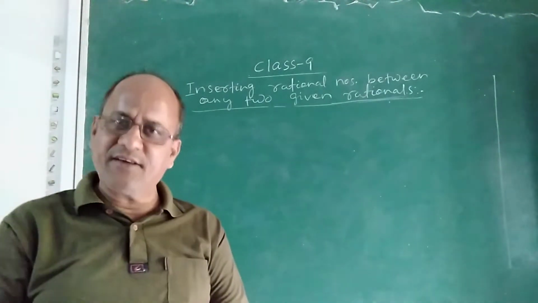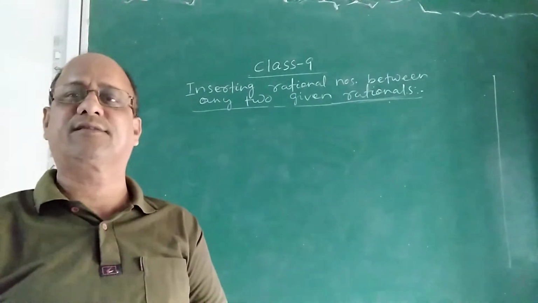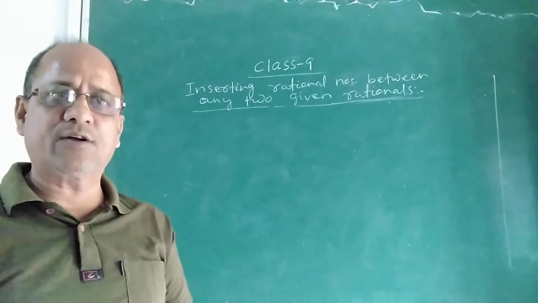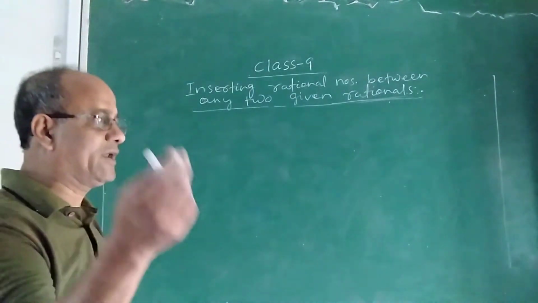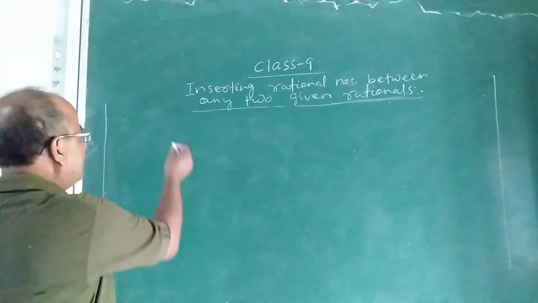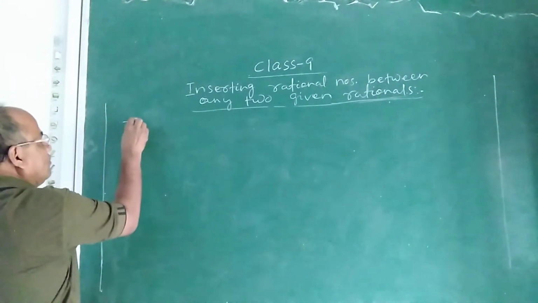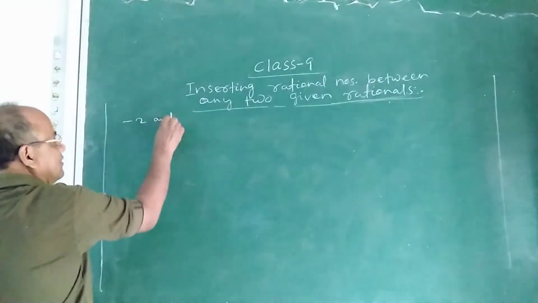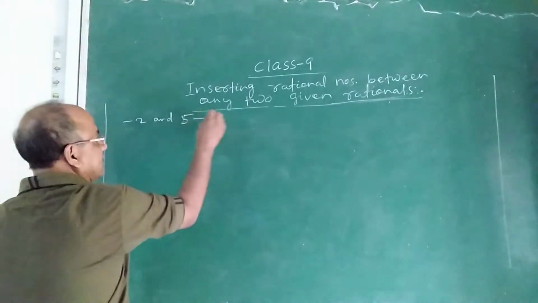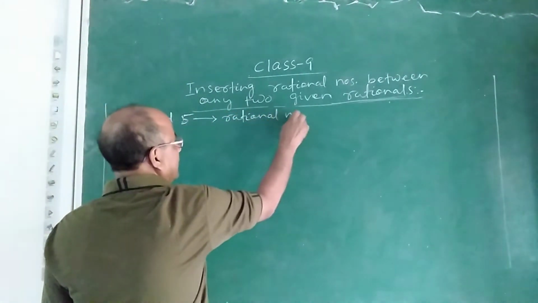Now if there exist infinitely many rational numbers between any two given rationals, then how do we find those rationals? What is the process? What is the concept? Let us see. I am giving one example where I will make you understand the different steps. Suppose you are given two rational numbers, say -2 and 5. These are two rational numbers.